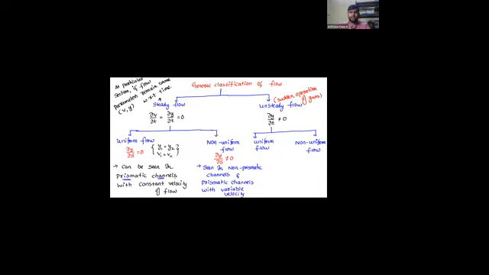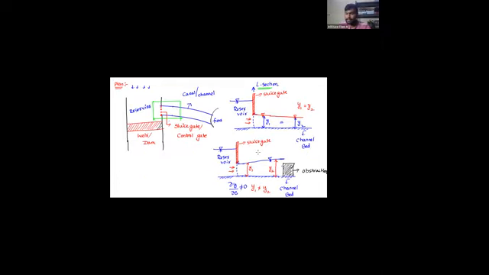See, this is going to be constant velocity and this is going to be the variable velocity. So now, my dear, I will discuss something more regarding the non-uniform flow.